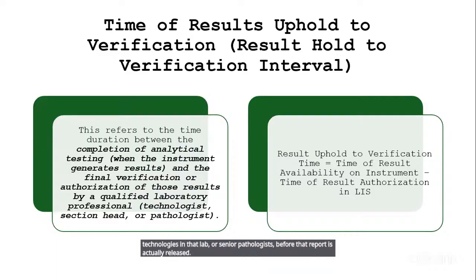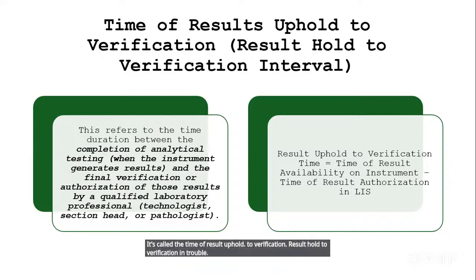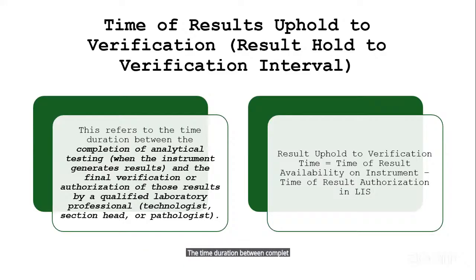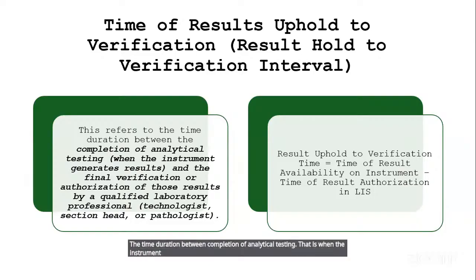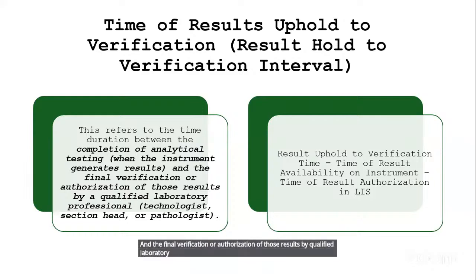It's called the result hold to verification interval. This refers to the time duration between completion of analytical testing, that is when the instrument generates results, and the final verification or authorization of those results by qualified laboratory professionals, and those are technologists, section heads, or pathologists.